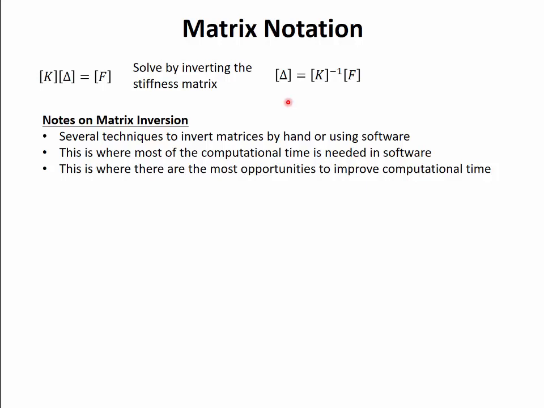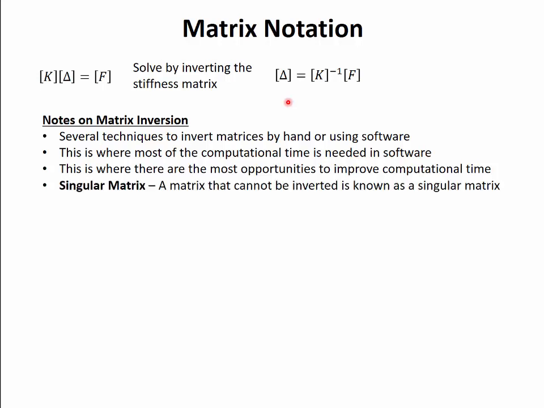So a lot of time is spent making the stiffness matrices smaller by restricting degrees of freedom, so you can make your active stiffness matrix smaller. Things like the active stiffness matrix will make more sense as we progress in the course.